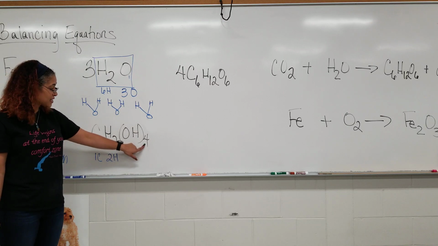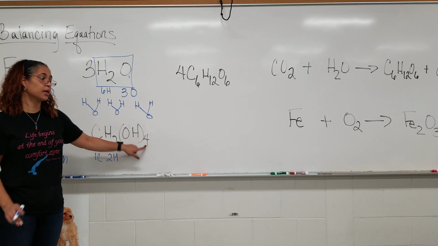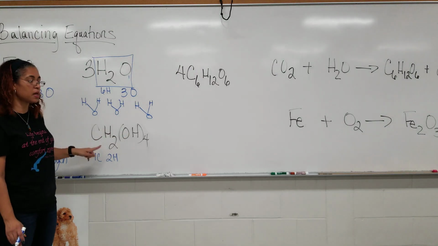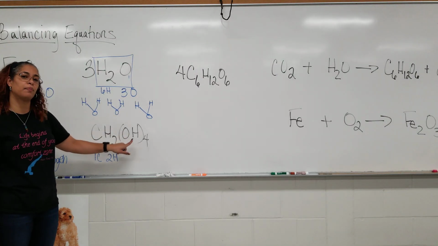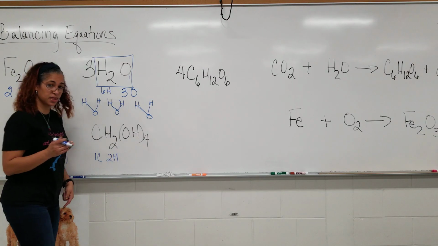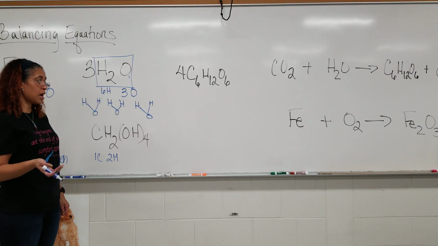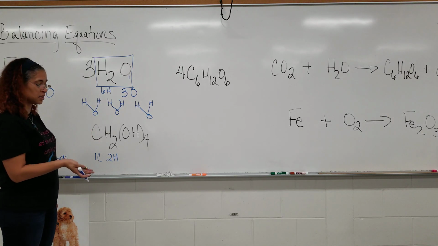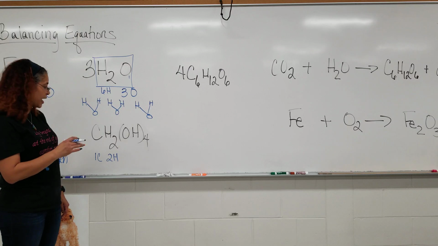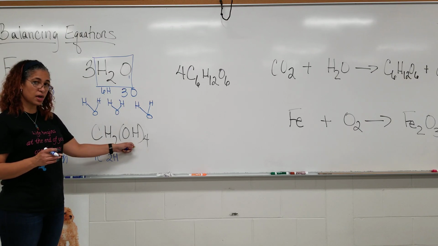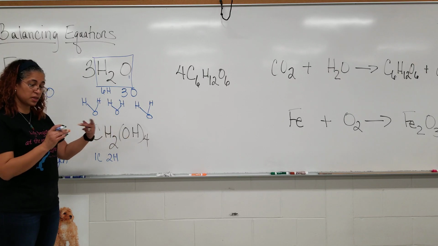Well, this kind of works like a coefficient, except it's not applying to the entire molecule. It is only applying to this portion of the molecule. So what this is saying, this particular substance, which is ethylene glycol, it has 4 hydroxide subgroups within the molecule.